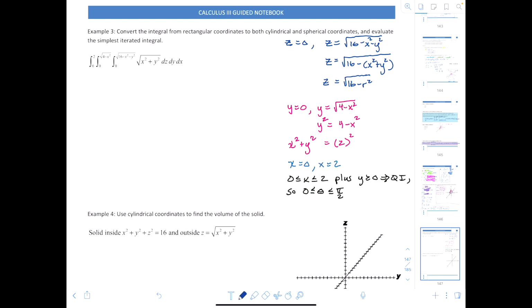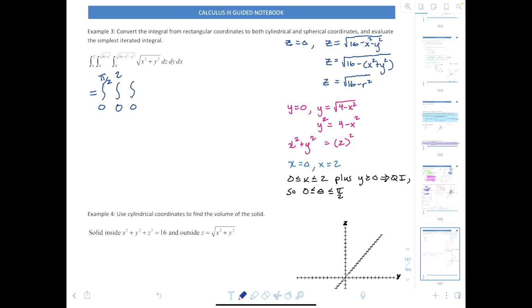So this is going to be equivalent to the integral. So remember, when we're doing cylindrical, we're going to have dz dr d theta. So we found out that theta goes from 0 to pi over 2. Now, if the radius of our circle is 2, then r has to go from 0 to 2, right? And then z is going to just be z.